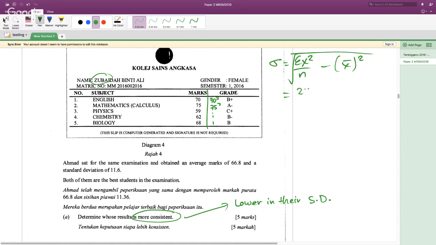I hope I don't make any mistake here. I get 22474 divided by 5, because I have 5 subjects here, and then minus my mean squared.